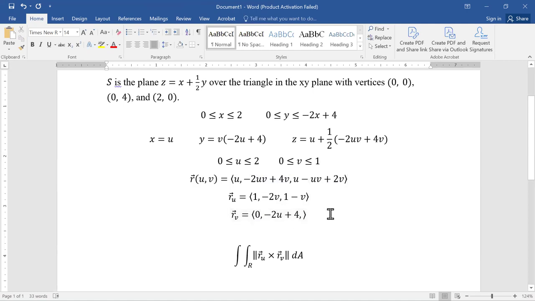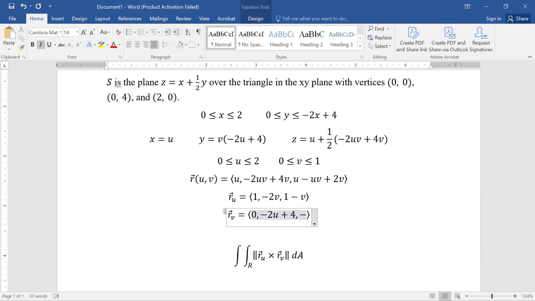So I end up with negative 2u plus 4. No, I'm sorry, negative u plus 2. I apologize. I read the wrong line there. Negative u plus 2. There we go.